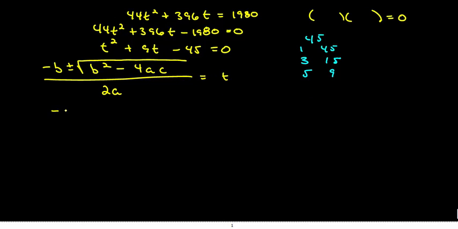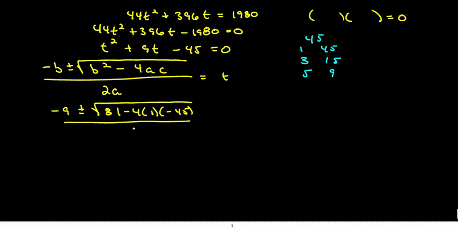So negative b plus or minus the square root of b squared, which is 81, minus 4 times a times c, all over 2 times a. That's the t value. When we compute that, it should give me two answers here.